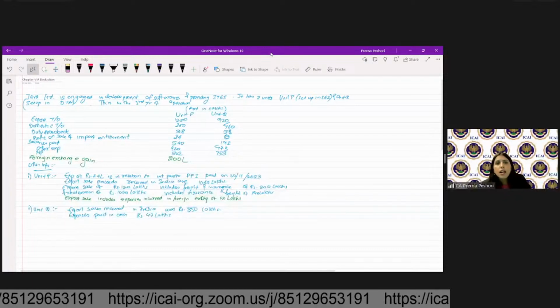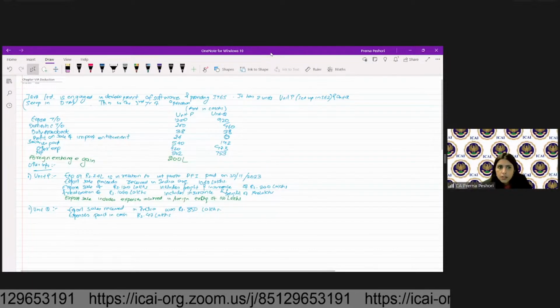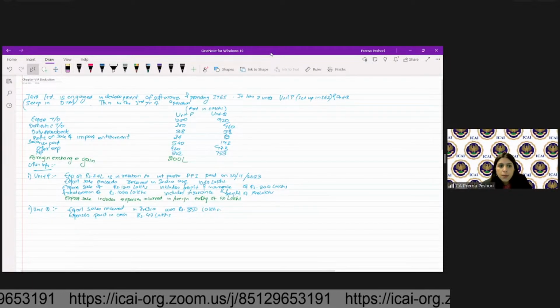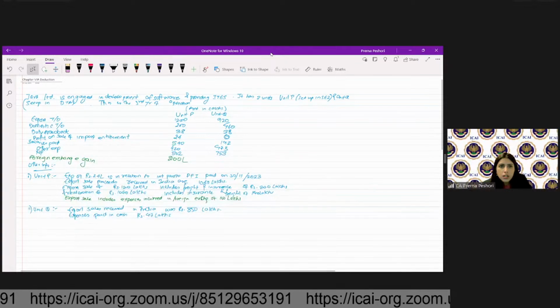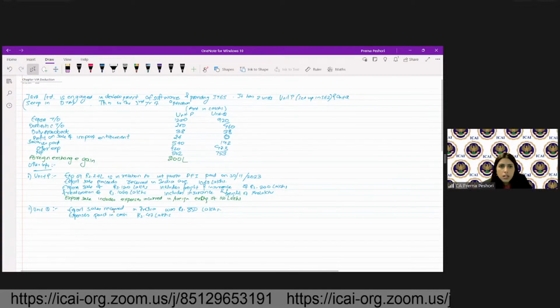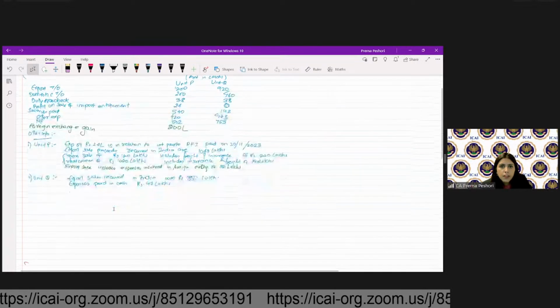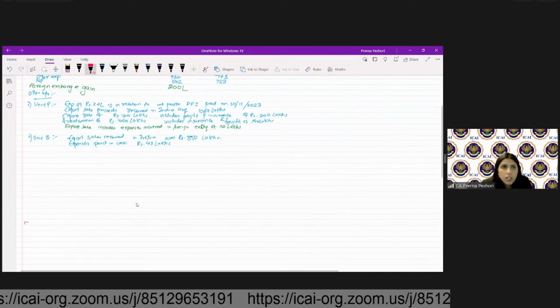Okay. So let's start first with the net profit. What are the profits which are given over here? So profits are 502 and 753.